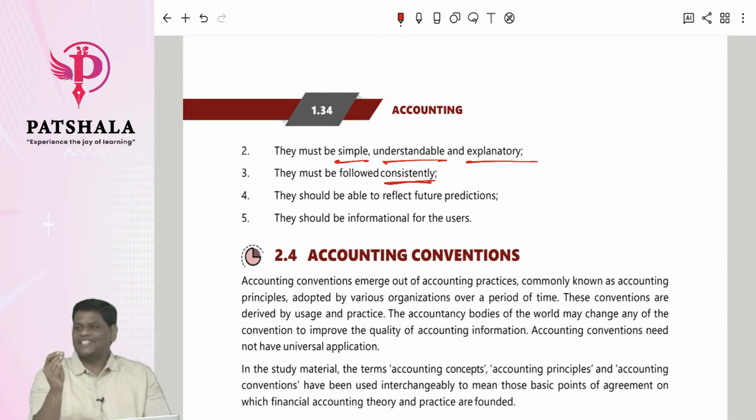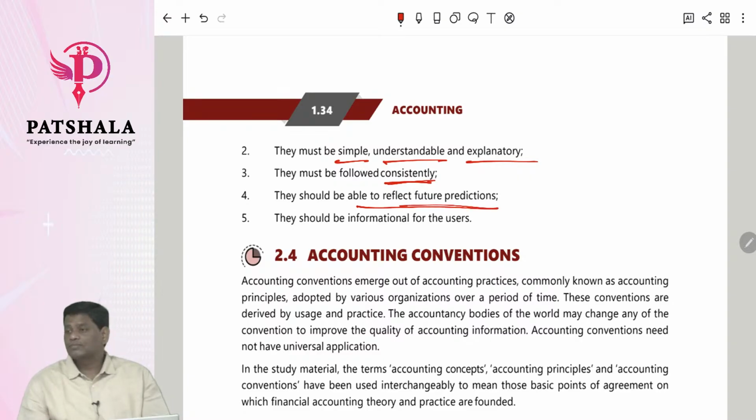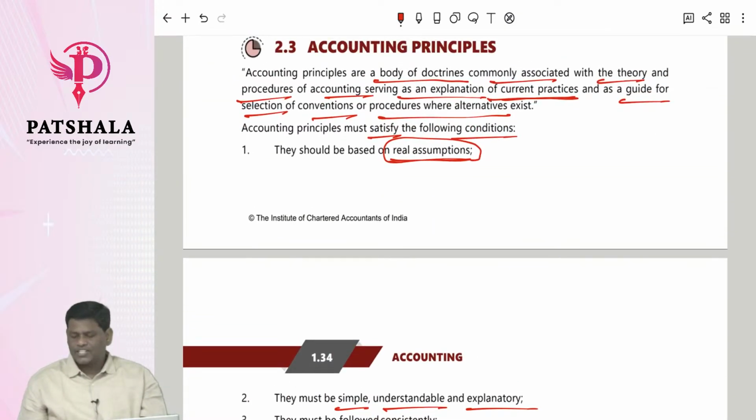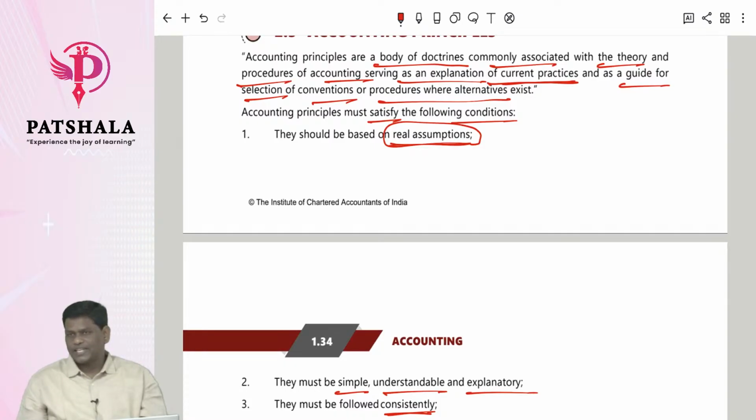Since we have options, don't use a different option every day; follow one option continuously. Next, they should be able to reflect the future. If you remember, one of the functions of accounting was forecasting, being able to say what happens in the future. And the last one, they should be informational too. There are users of accounting, and that information should go to users. Clear? These are some of the conditions that should be satisfied for accounting principles.